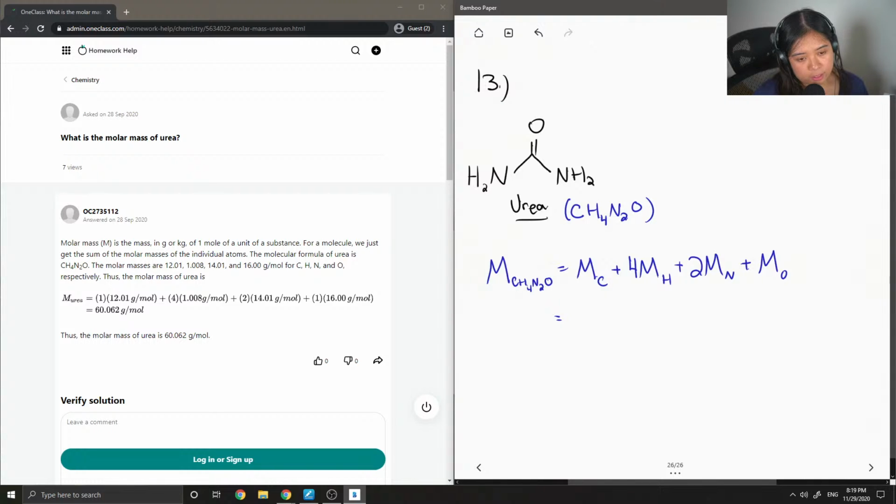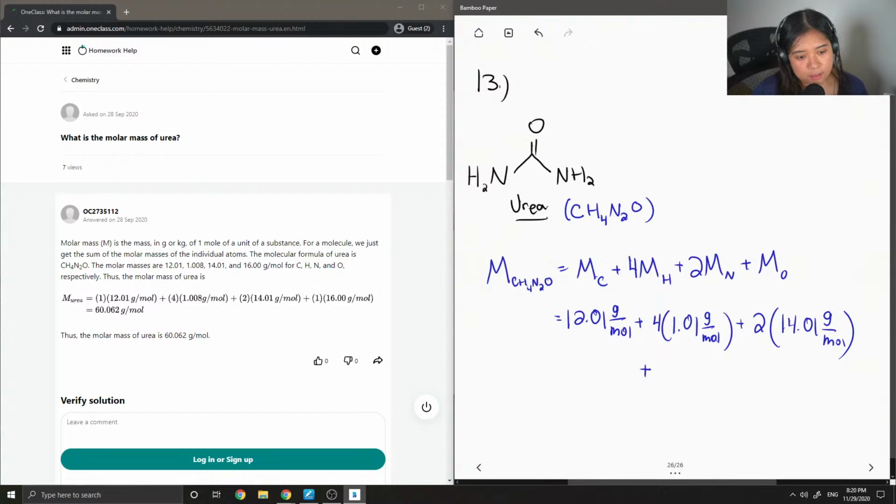Okay, so all of these atomic masses are just found on your periodic table. The molar mass of carbon is 12.01 grams per mole. The molar mass of hydrogen is 1.01 grams per mole. The molar mass of nitrogen is 14.01 grams per mole.